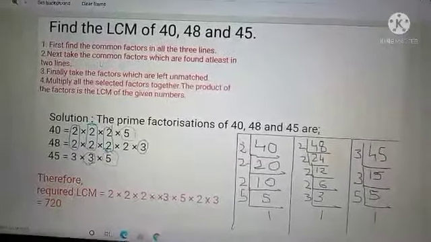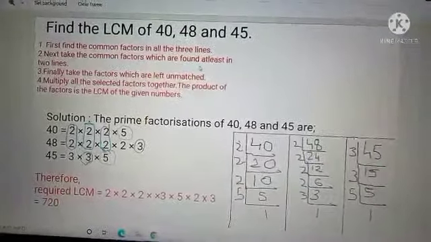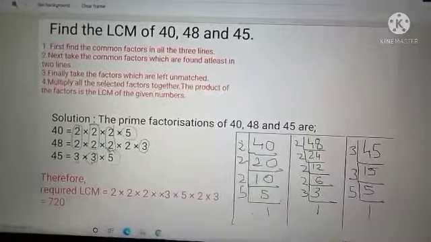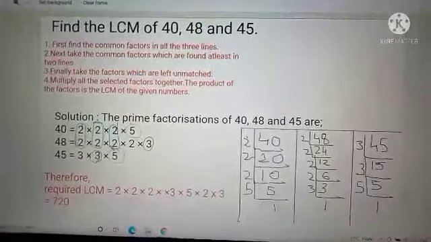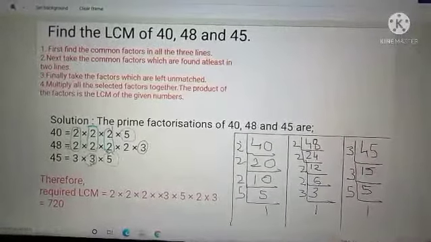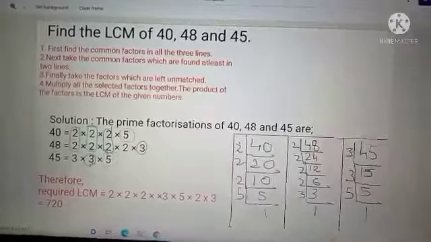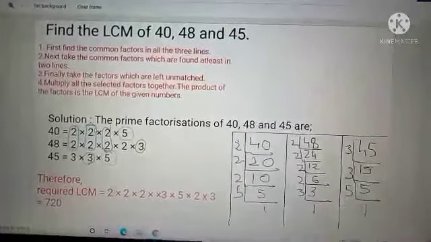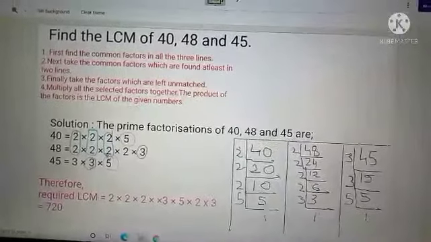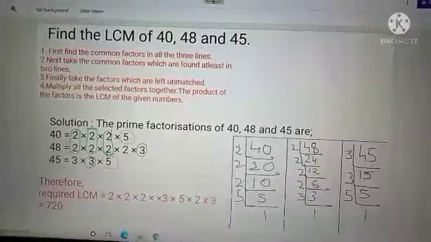Next, take the common factors which are found in at least 2 lines. Now check whether in at least 2 lines any common factors are there. Yes, it is there. In the prime factorization of 40 and 48, 2 is common. Here also 2 is common. There one more 2 is common. And anything else? Yes.